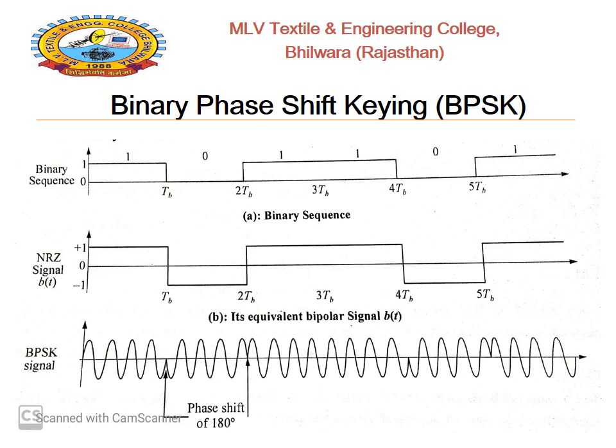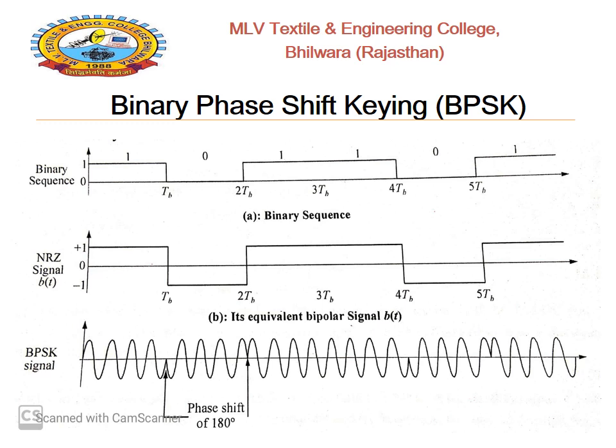Next is the final BPSK signal, represented in the third part. The observable point is that at the trailing edge of TB, the phase of the continuous carrier signal changes by 180 degrees. Here we see the phase is changed by 180 degrees at TB.